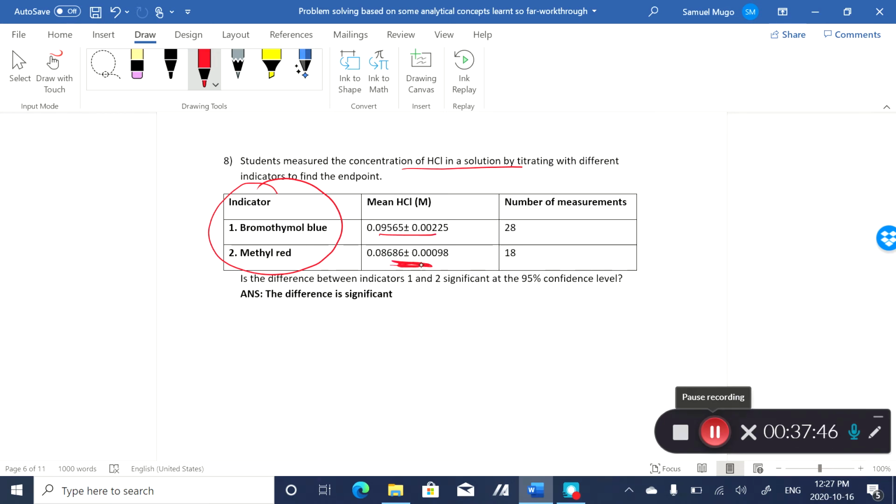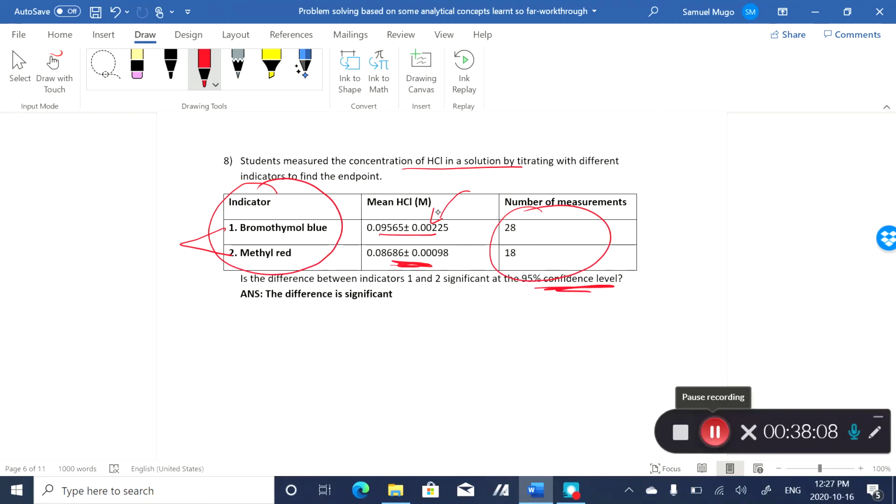And they did a lot of repeats to try and get those standard deviations. So the question is, are these two methods statistically different? Is the difference between indicator 1 and 2 significant at the 95% confidence level?